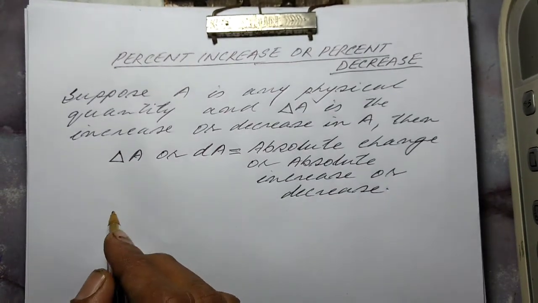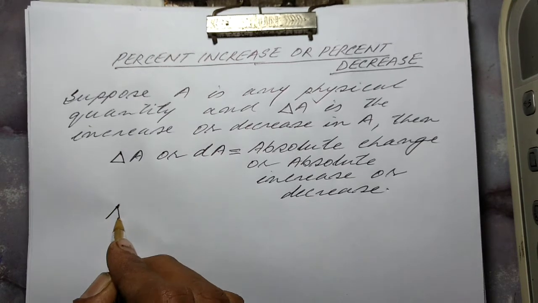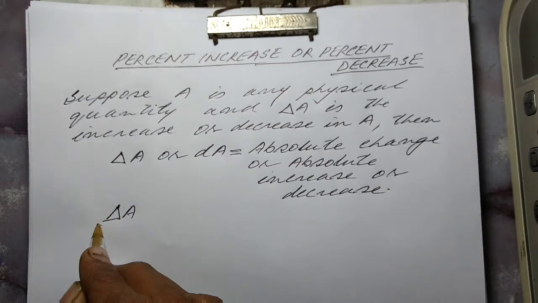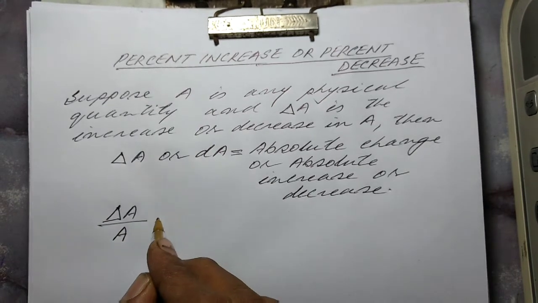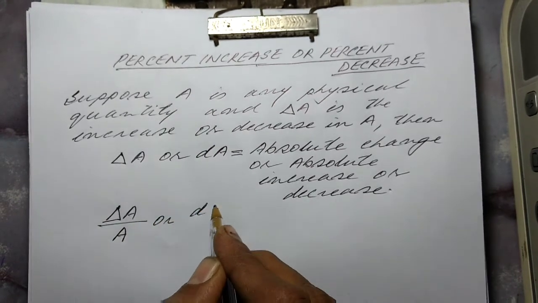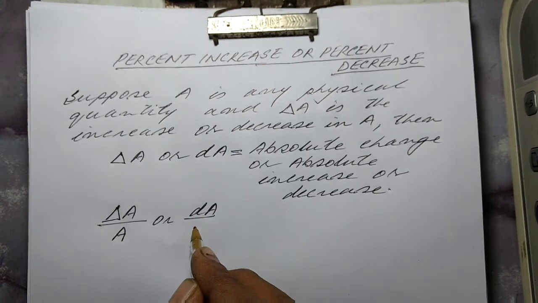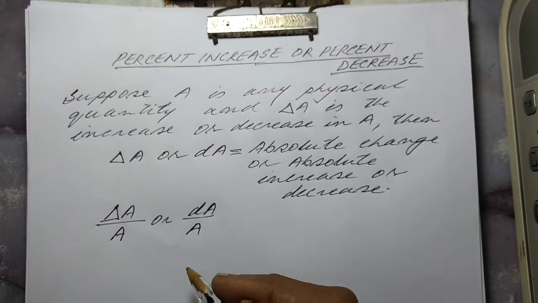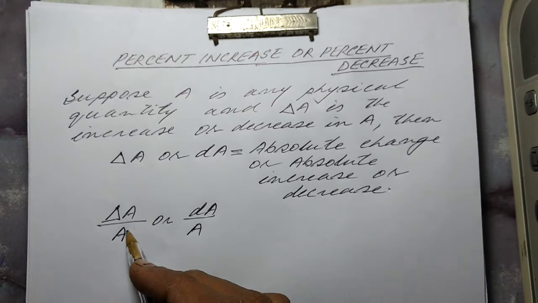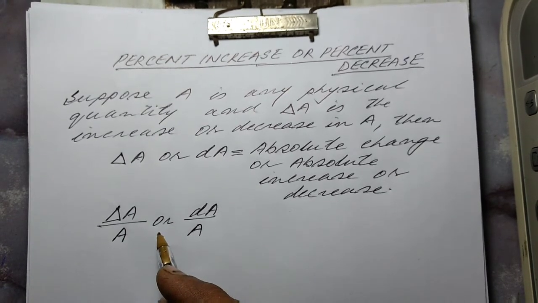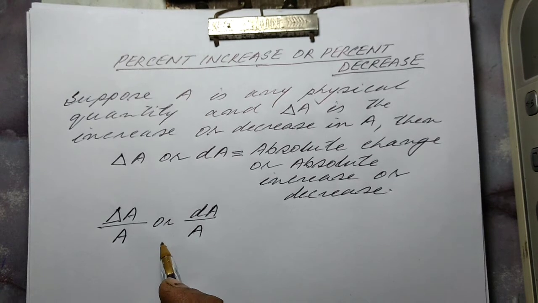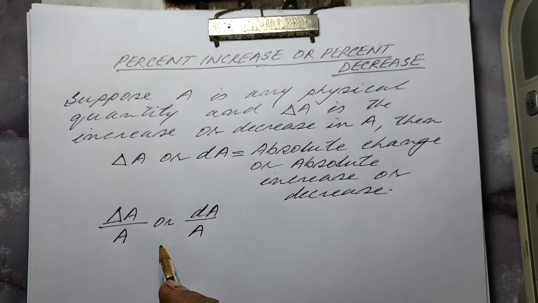And if we divide delta A by A, or dA upon A, that means the change in A is divided by its original quantity.